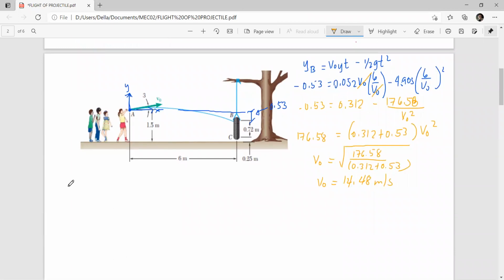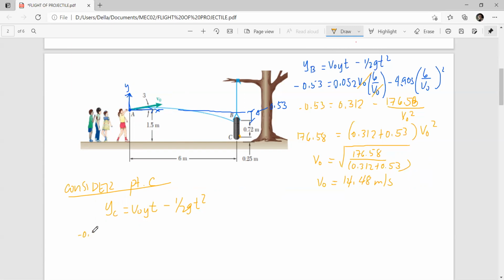So consider point C. So YC equals velocity initial along the y-axis times t minus 1/2 gt square. So point C is lower than point A by 0.72 plus 0.53.